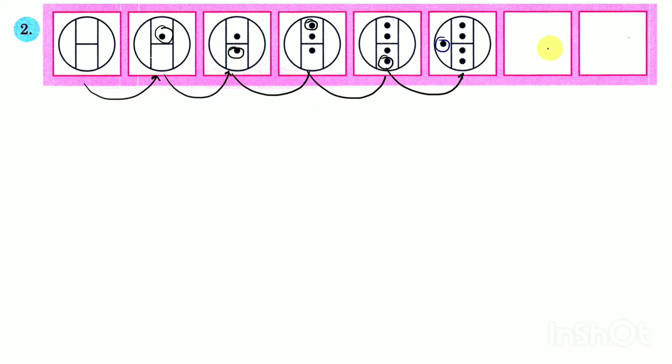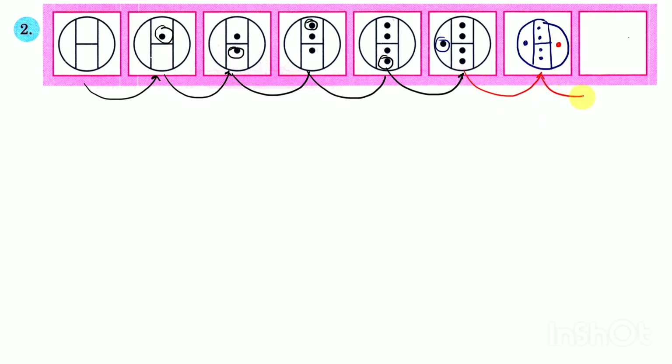So we must expect that there will be an increase in a black dot on its opposite side. These 4 dots are already fixed, and these 5 dots are present in our previous figure also. So the next dot will come on our right side.